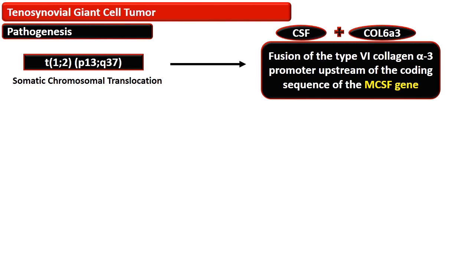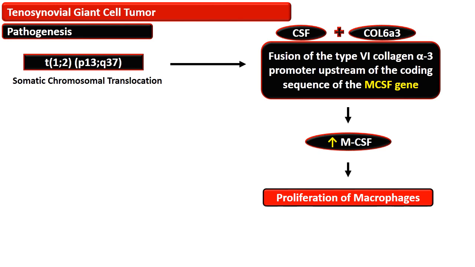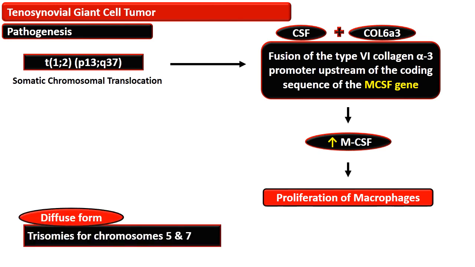There is fusion of the type 6 collagen alpha 3 promoter upstream of the coding sequence of the macrophage colony stimulating factor gene, and due to this fusion there is increased expression of macrophage colony stimulating factor, which is responsible for the proliferation of macrophages, which produce lesions similar to giant cell tumor of the bone. Only the diffuse form is associated with trisomies of chromosomes 5 and 7.